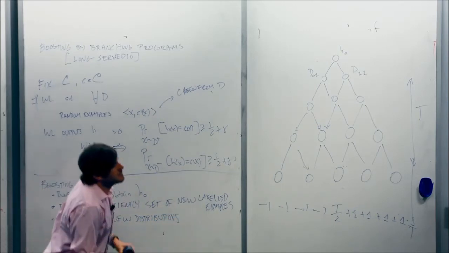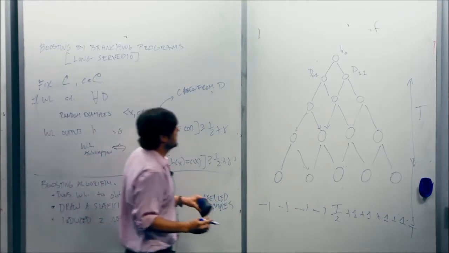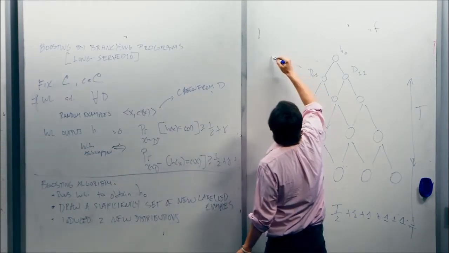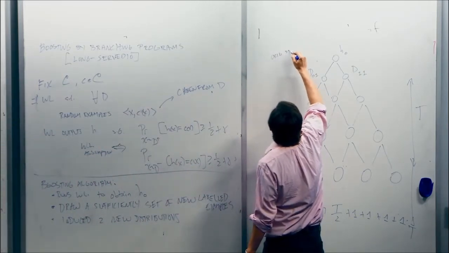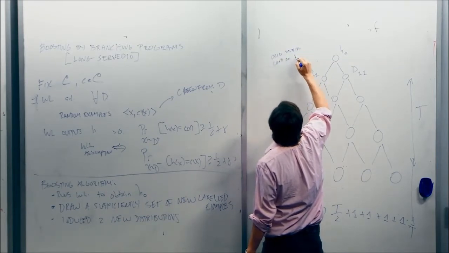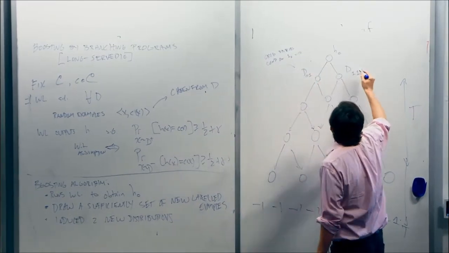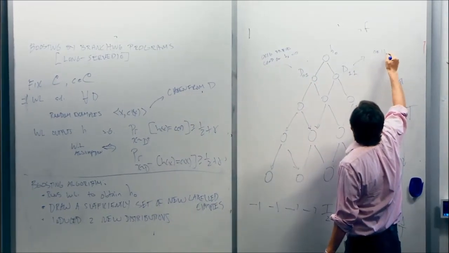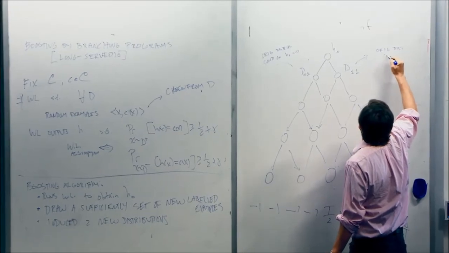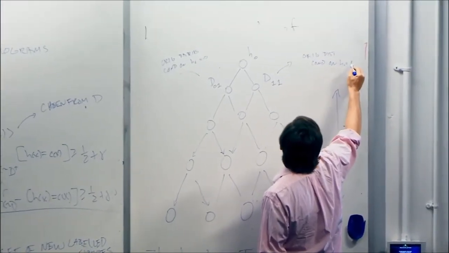One distribution is the original distribution conditioned on H0 answering plus. Correct. So D01 is the original distribution conditioned on H0 equaling 0, and this is the original distribution conditioned on H0 saying plus.